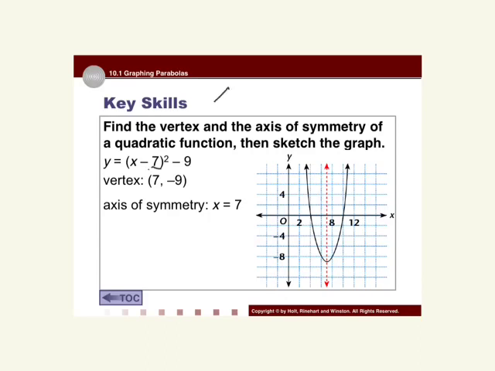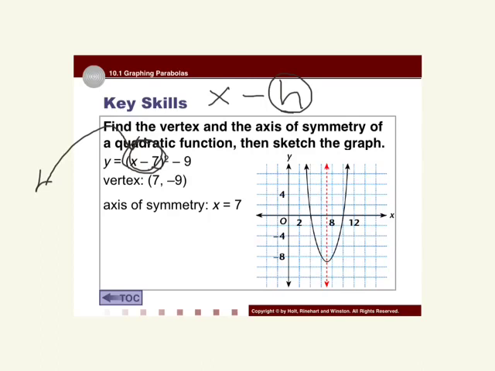Well, again, it's in the form x minus h, and h is what we use to determine how far it shifted left or right. I like to think of it as what value plugged in for x would make this inside here go to 0. Well, 7 minus 7 would make that 0.